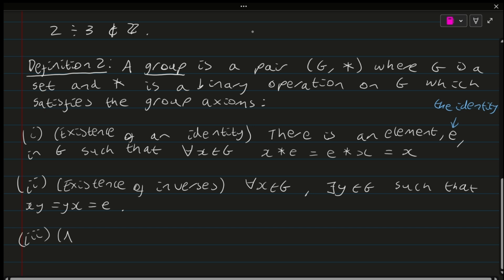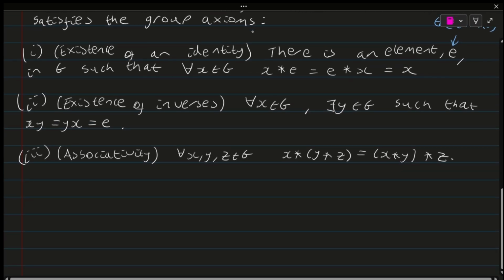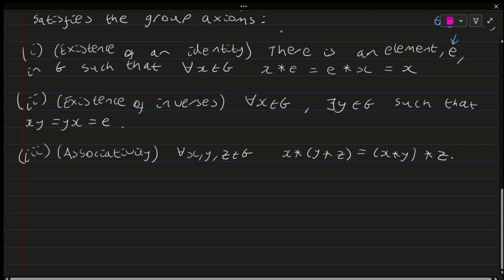which is associativity. And this says that if we take any three elements in the group, then (x star y) star z is the same as x star (y star z). Effectively, what we're saying here is we don't really need the brackets.